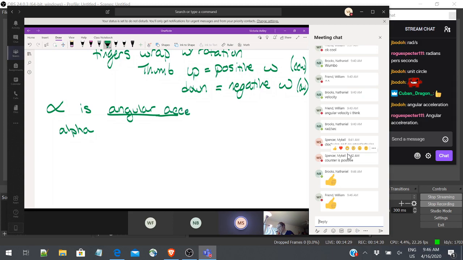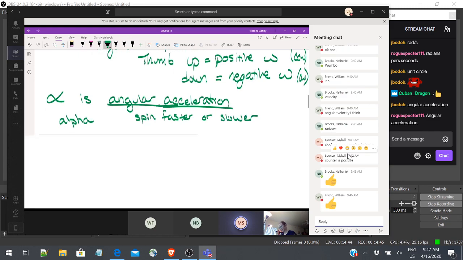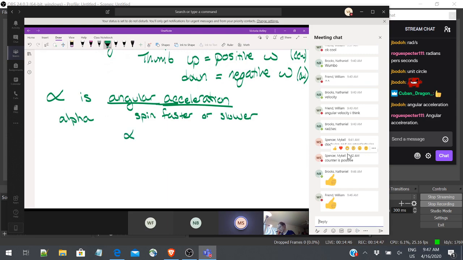This is not centripetal acceleration, this is angular acceleration. So this is if it is spinning faster or slower. So it is just like our A is delta V over delta T. Our alpha is delta omega over delta T.